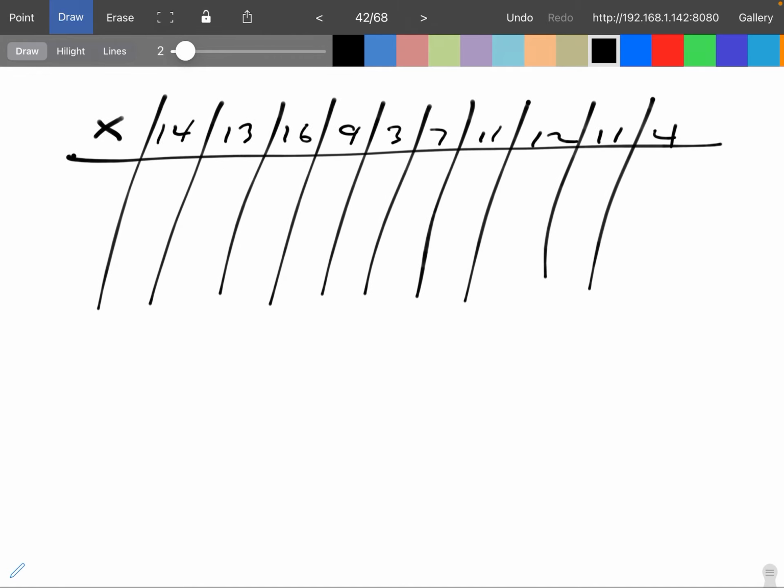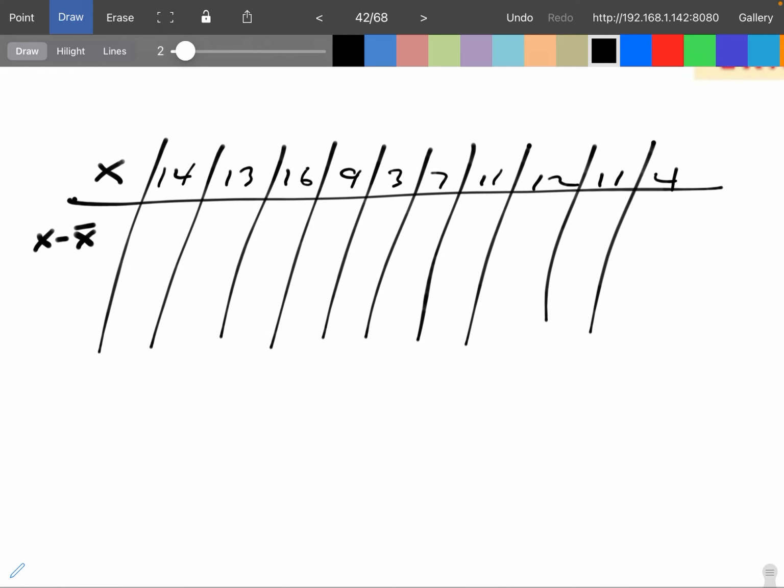And then what we want to do in the next row is take the data value X minus the mean. So this next row is going to be X minus the mean. And remember, on the previous page I showed you, for this one the mean, the average, was 10, right?